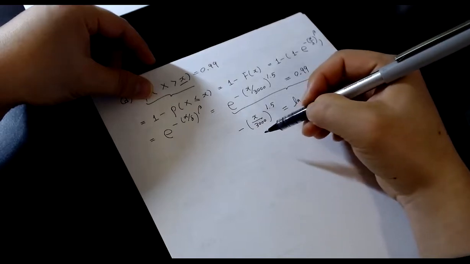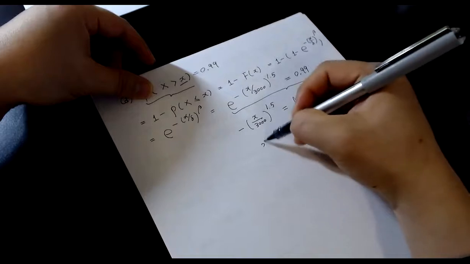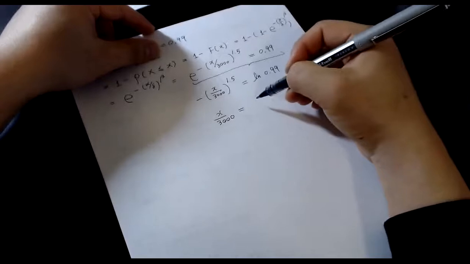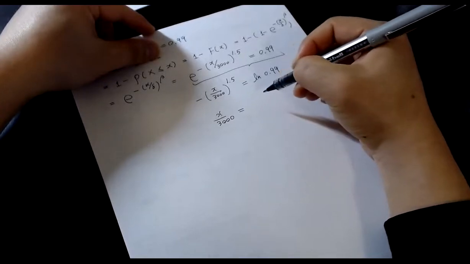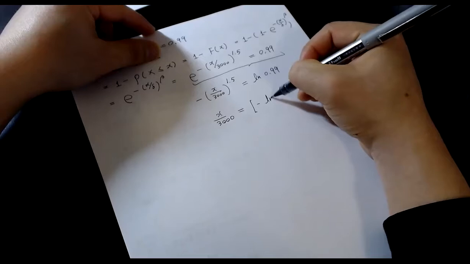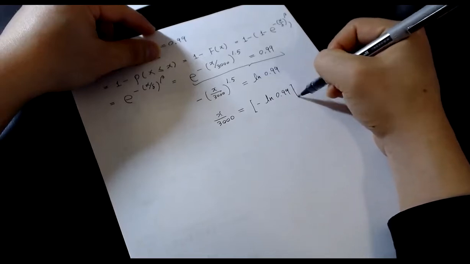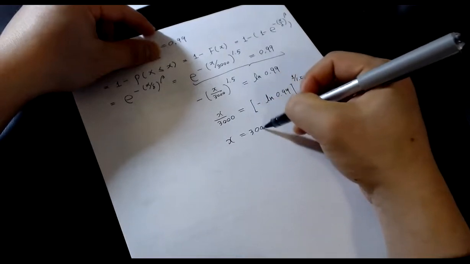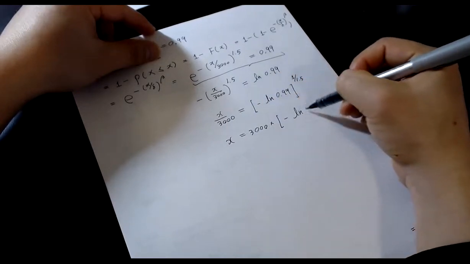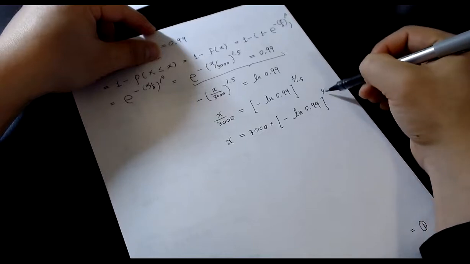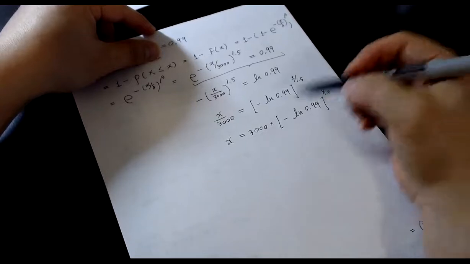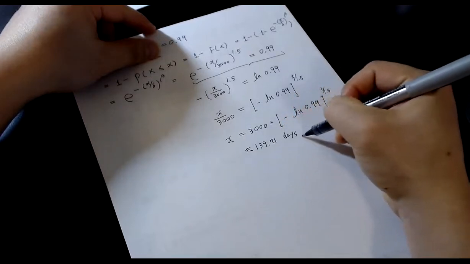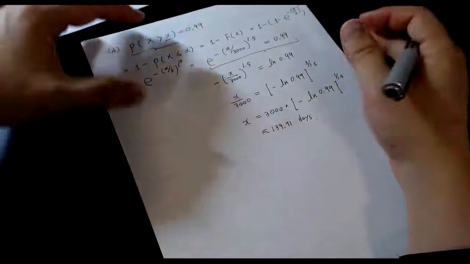So now x over 3000 is equal to minus natural log 0.99 to the 1 over 1.5. And then x is equal to 3000 times negative natural log 0.99 to the 1 over 1.5. So this is approximately 139.71 days.